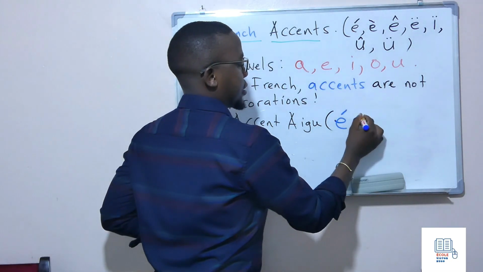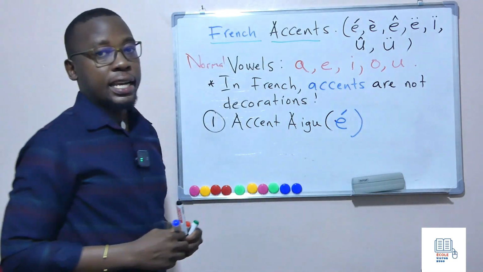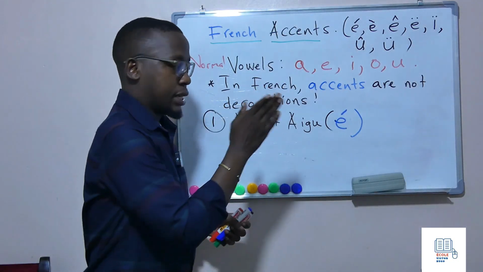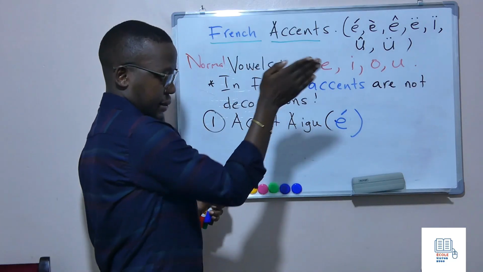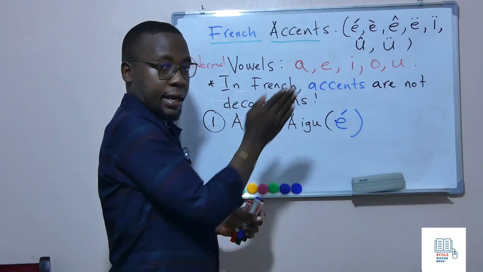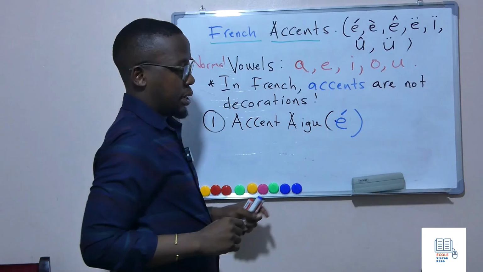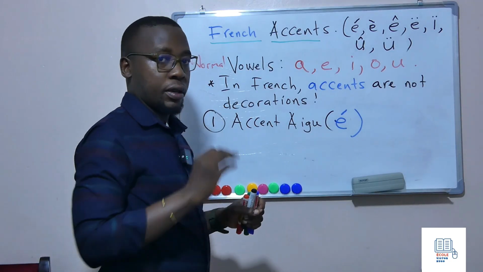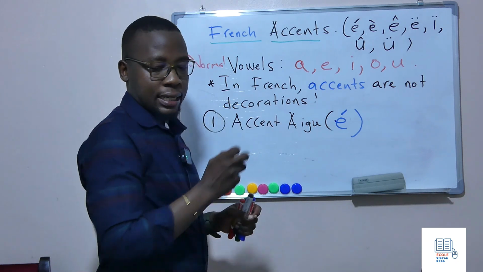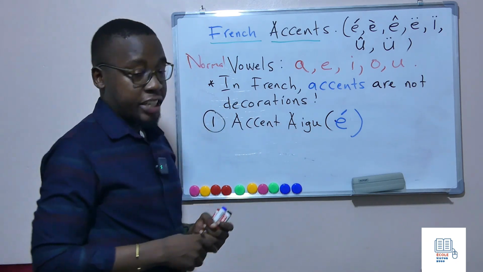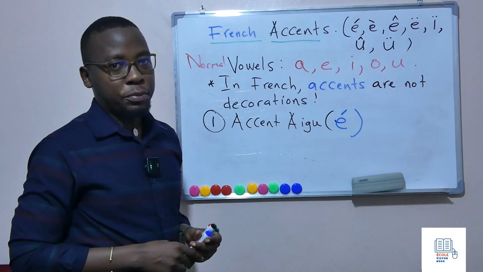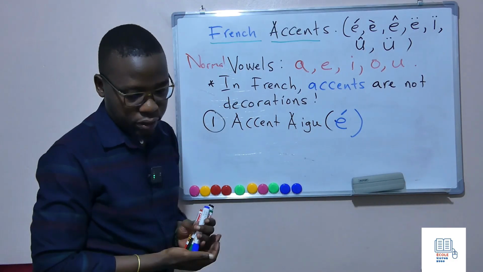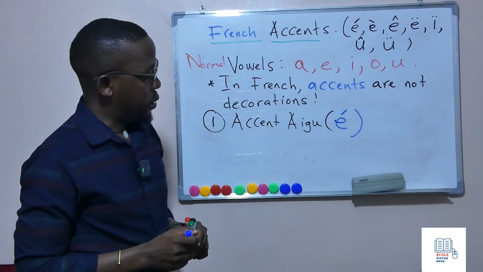Whenever you find an E that has this slanting forward, like looking forward like this, that is the accent aigu, that sharp accent. So it provides sharpness to the word that you're going to pronounce, as you're going to see.